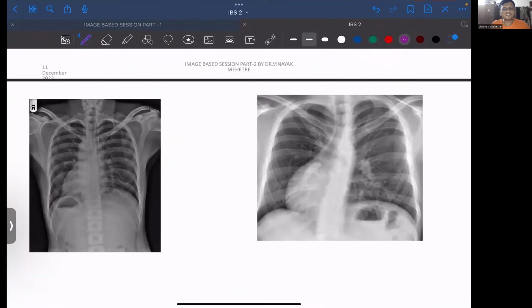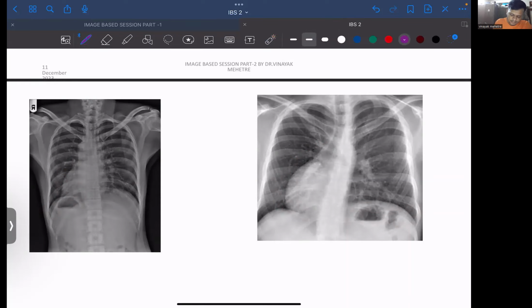Right? What is the difference between the first X-ray and the second X-ray? Take a look. Normally, the heart is present on the left side. It has changed position to the right side. Normally, the stomach bubble is present on the left side of the X-ray, but over here the stomach bubble, जो gas है तुम्हारा, has changed position to the right side.